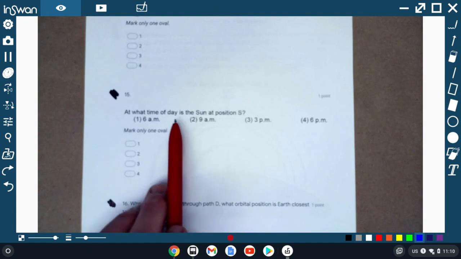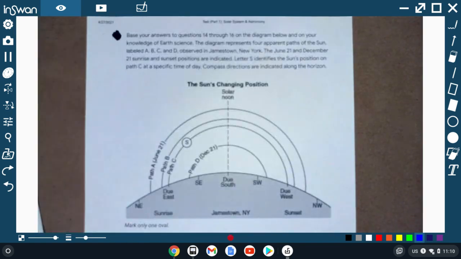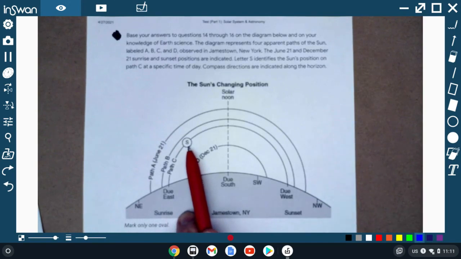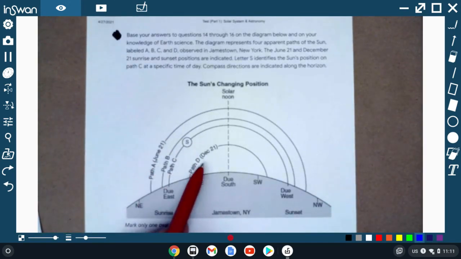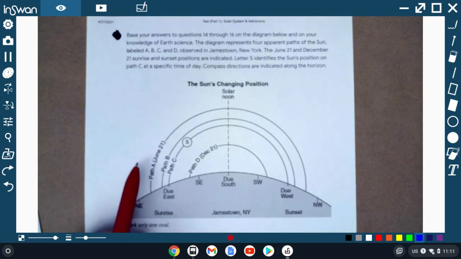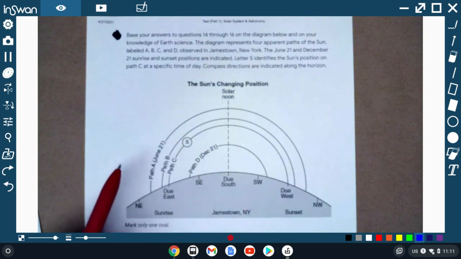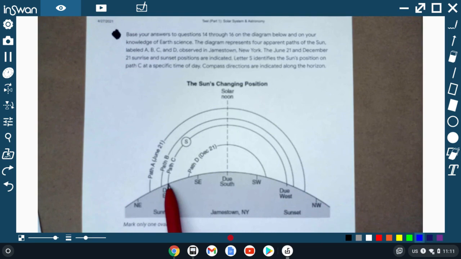15. At what time of day is the sun at position S? So here we have position S. All right, well, this is sometime between June and December. So it might be sometime, maybe we could say it might be in May or April or after June. It might be sometime in like the fall. All right, now this is solar noon, and this would be early morning in the sunrise.